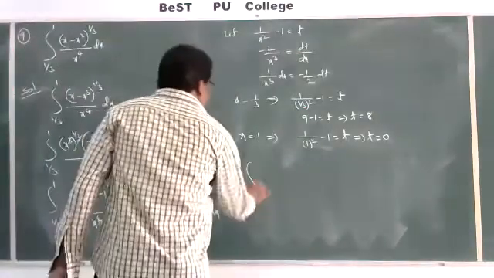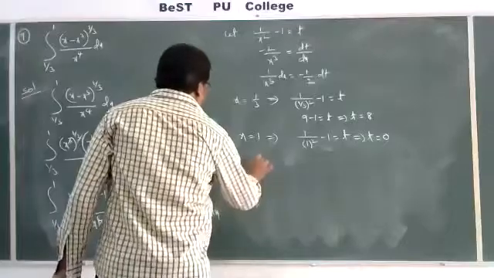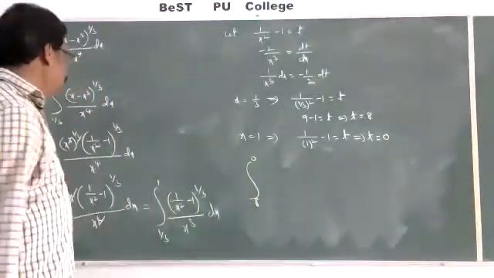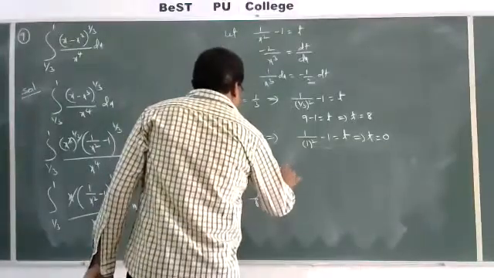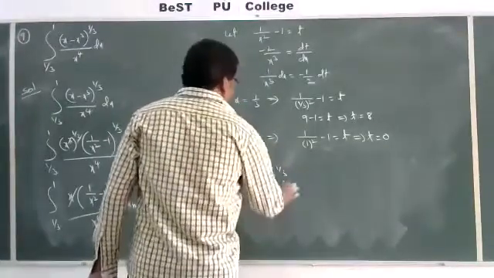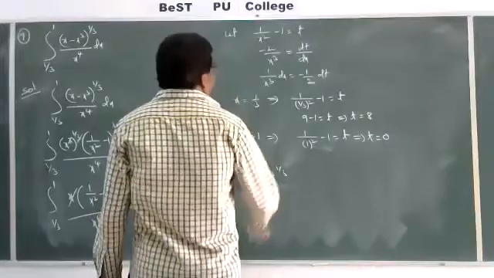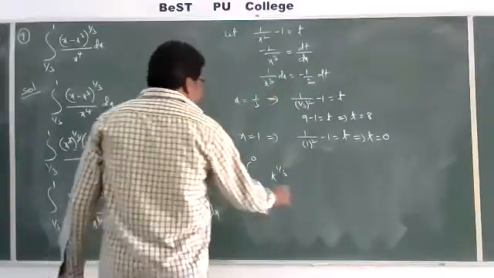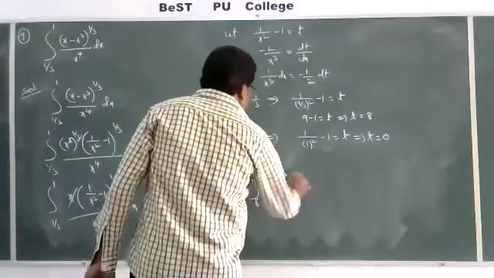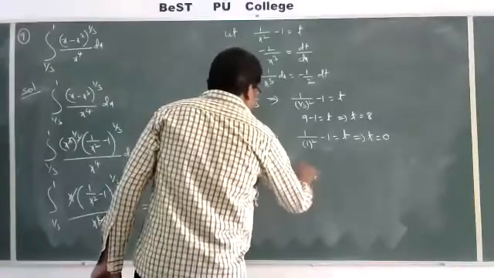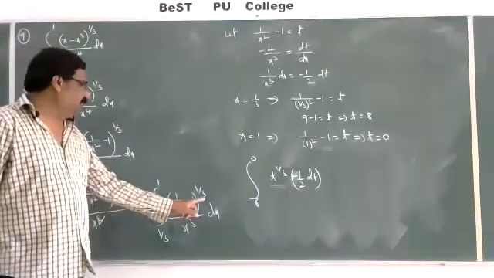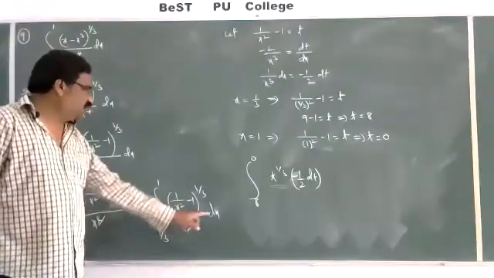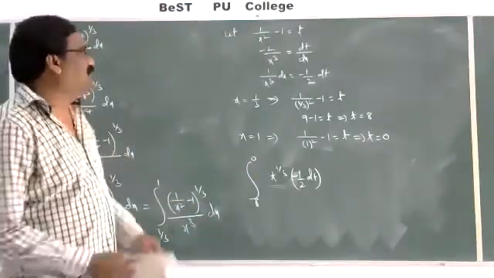Then the integral from 8 to 0 of t^(1/3) · (1/x³) dx, which is −1/2 dt.